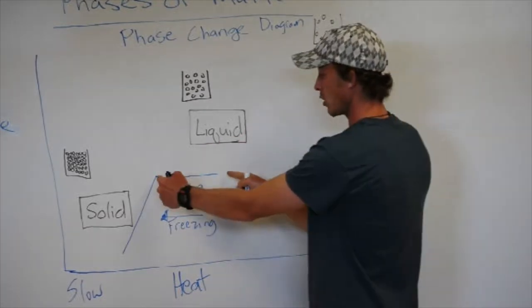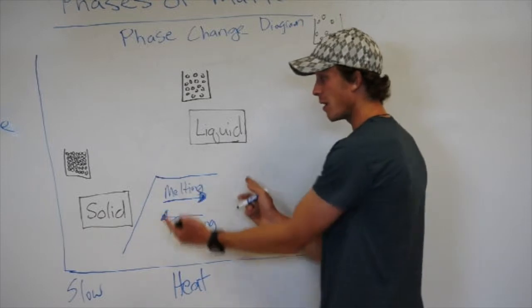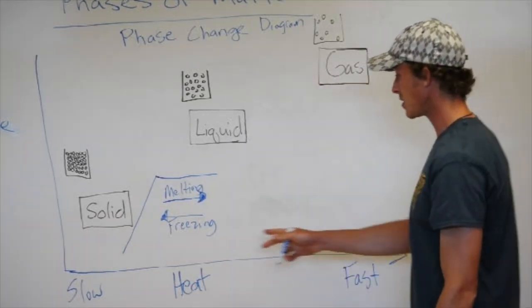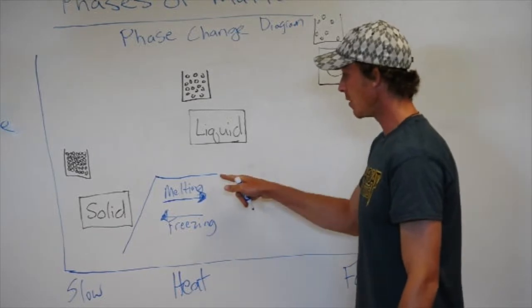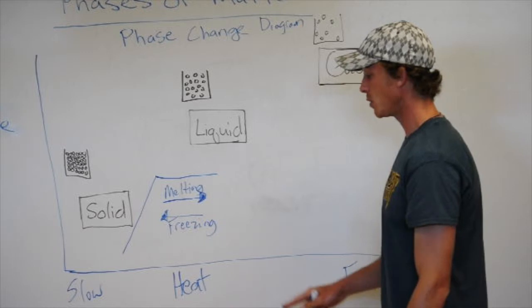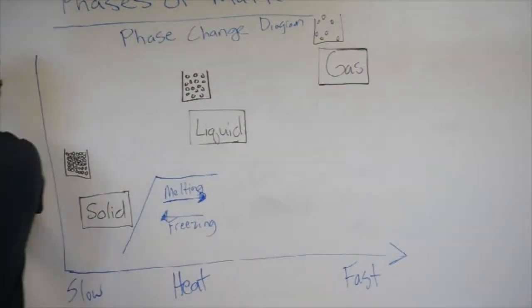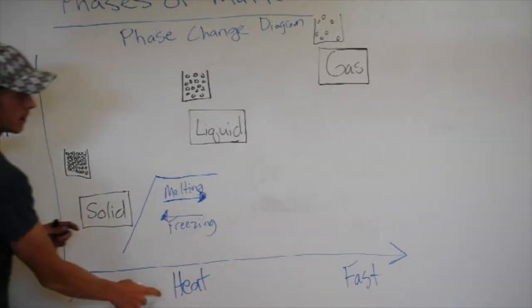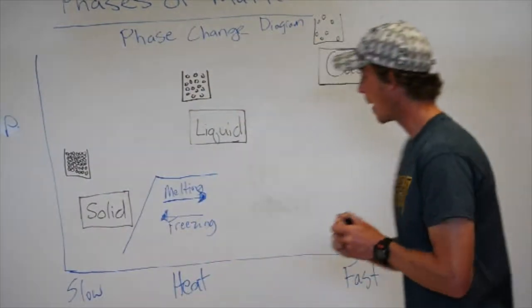Anyways, at this certain point, I am no longer increasing my temperature, okay? I'm just adding heat, and there's a certain point where the temperature isn't changing. In fact, I'm going to change this to temperature, which is a measurement of how much heat I'm adding, okay?